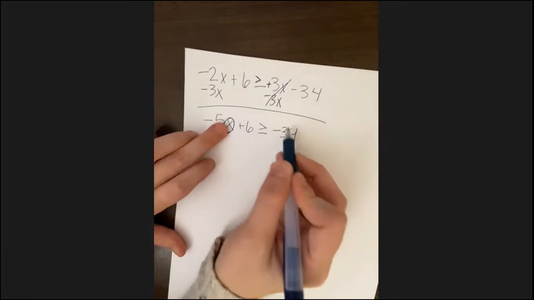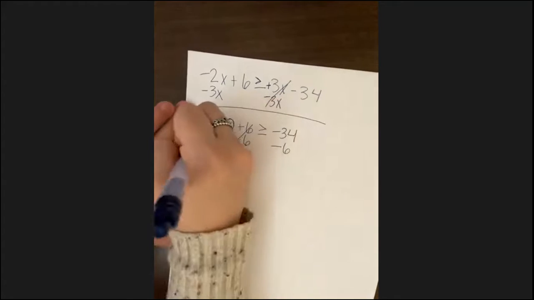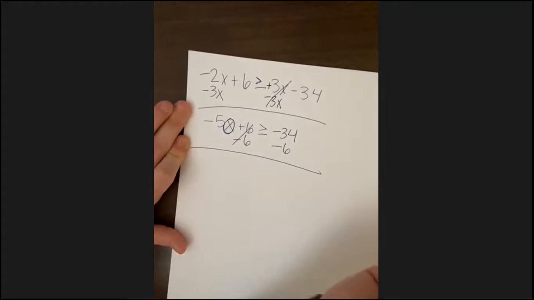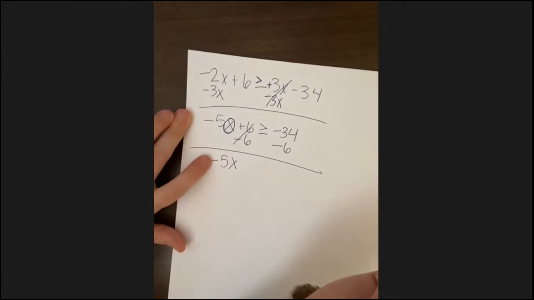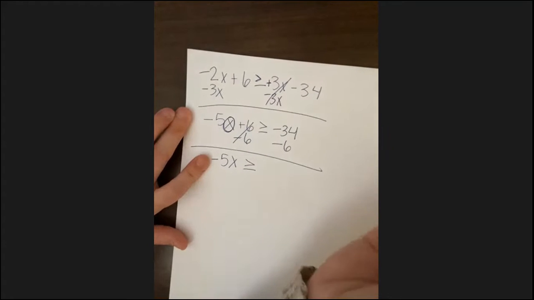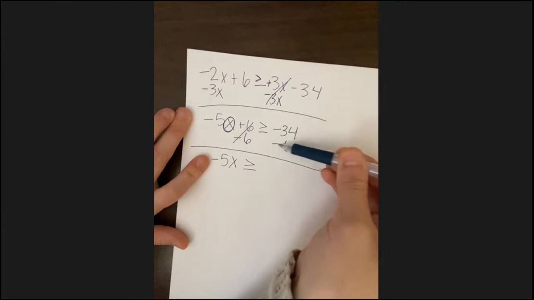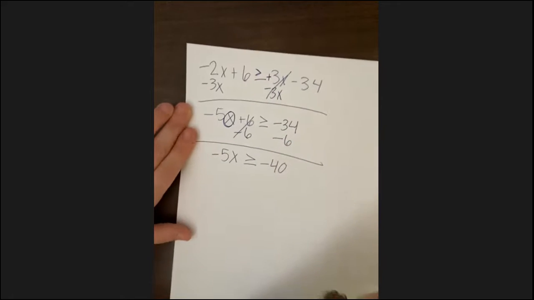So to move it to the other side, we subtract it from both sides so that would cancel out. I'm going to just bring down the 5x and the sign. And -34 minus 6, -40.